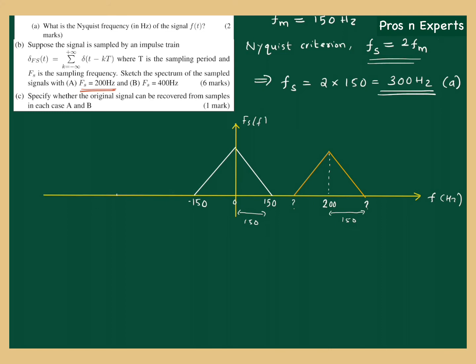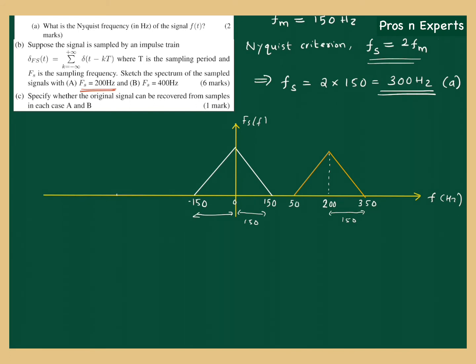So I can write 350. And what is this value? This will be 200 minus 150, because this length is again 150. So 200 minus 150 gives you 50. So I can write 50 here.